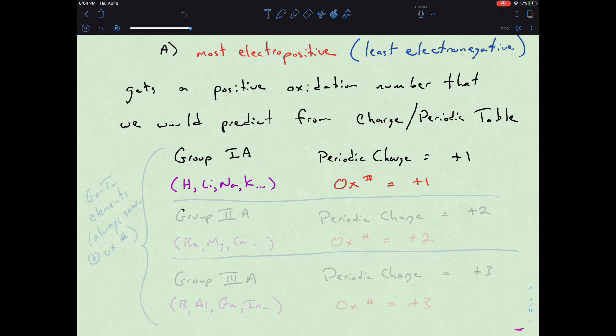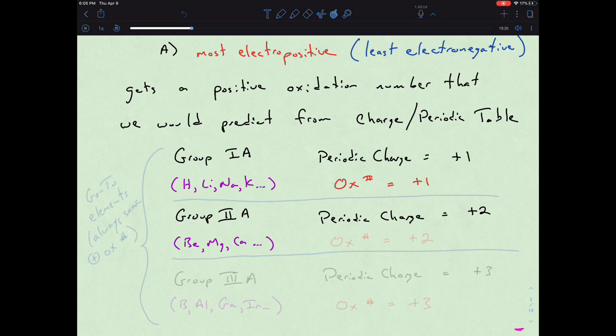If we go to group 2A, and so here coming down from beryllium to magnesium to calcium, here the periodic charge would be equal to +2.